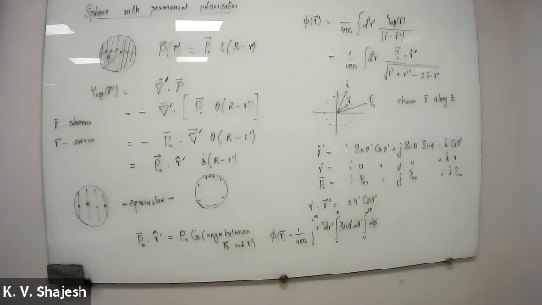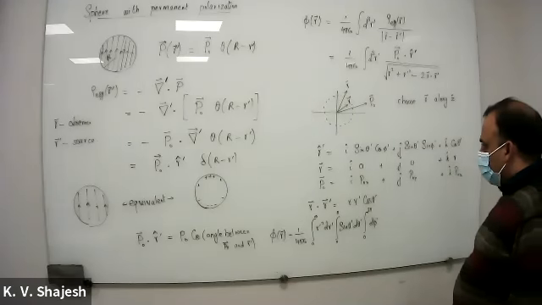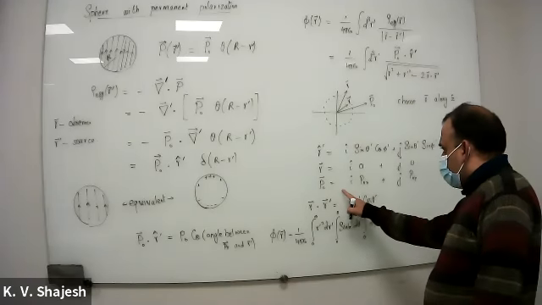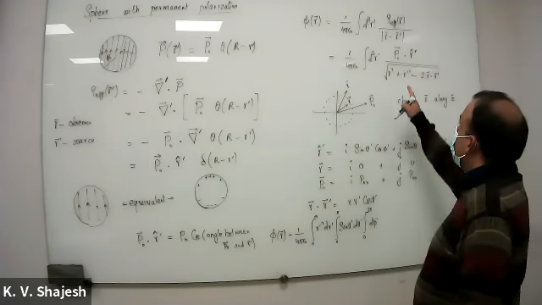So that's here d cube R prime written completely explicitly. And I also have P naught dotted with R prime.